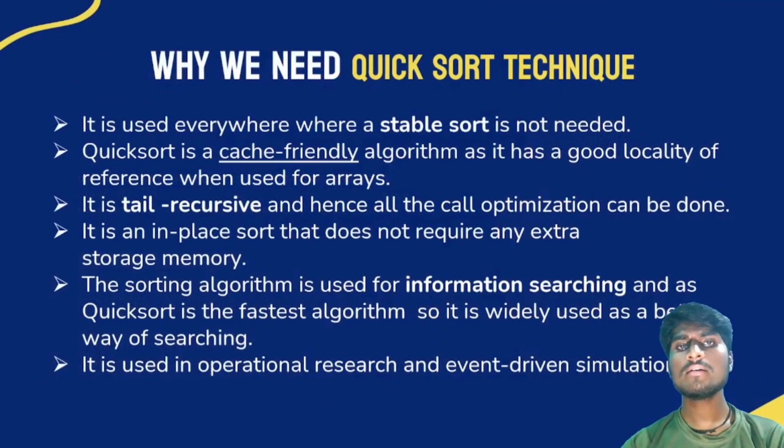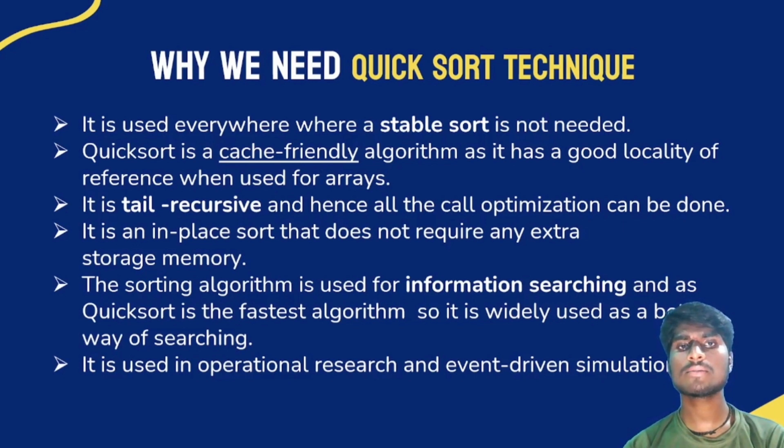Why do we need the quick sort technique? It is used everywhere wherever a suitable sort is not available. Quicksort is a cache-friendly algorithm and has good locality, but it will take some storage capacity. Compared to merge sort, it is more efficient than other sorts.